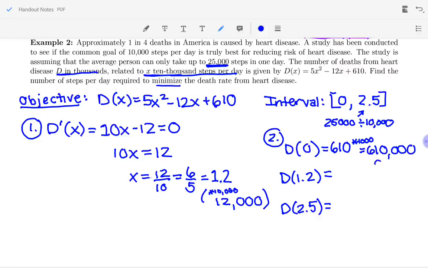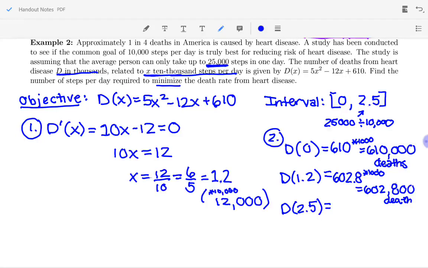There's their risk. Compare that to plugging in 1.2, to see if 12,000 steps is a little better than 0 steps. I would hope it would be. When we plug into the original, we get 602.8. That, of course, gets multiplied by 1,000, and we get 602,800 deaths. There's your death rate for 12,000 steps.